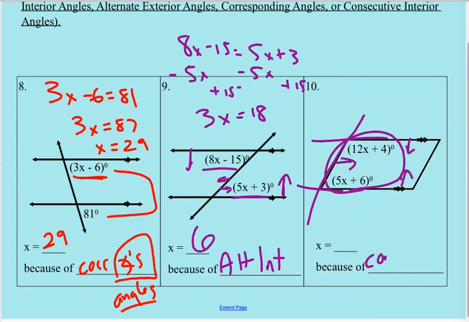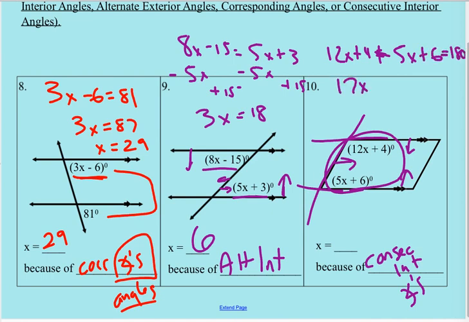So that's going to be consecutive interior angles. So that means these two together are not equal to each other, they add to 180. So that's 17x plus 10 equals 180. 17x equals 170. Subtract 10. Divide. That's going to be 10.